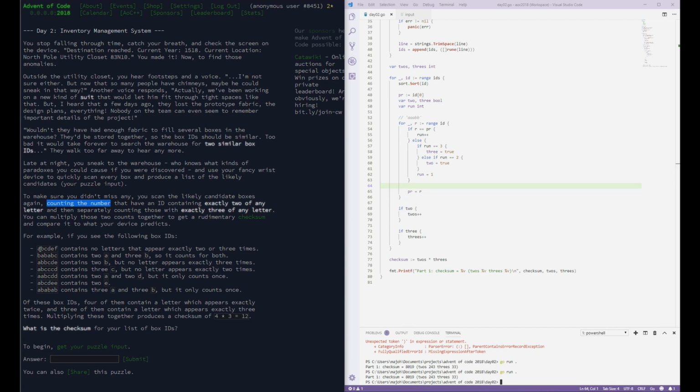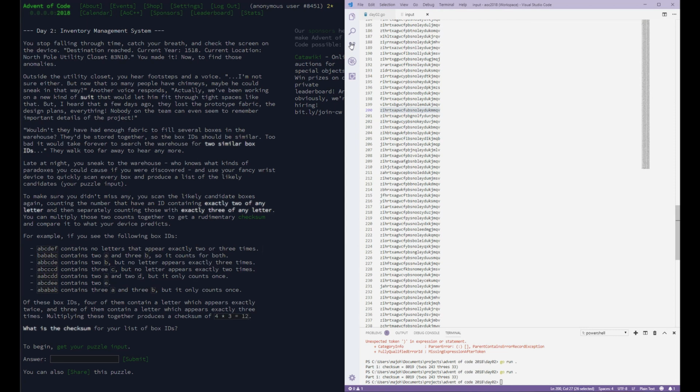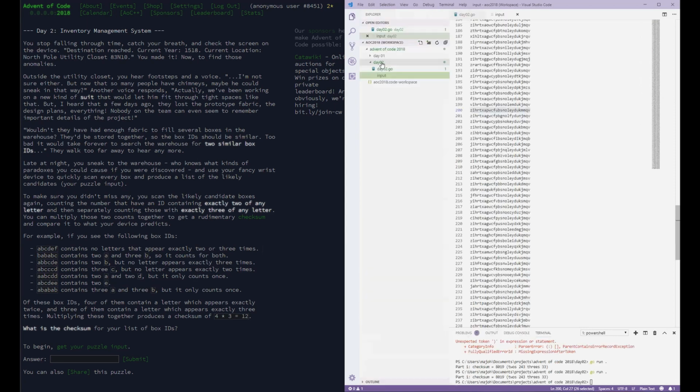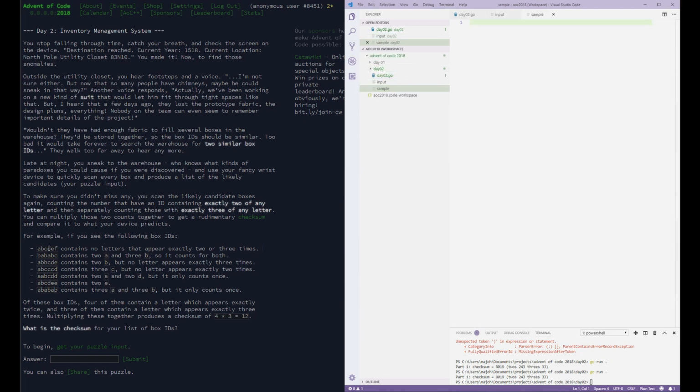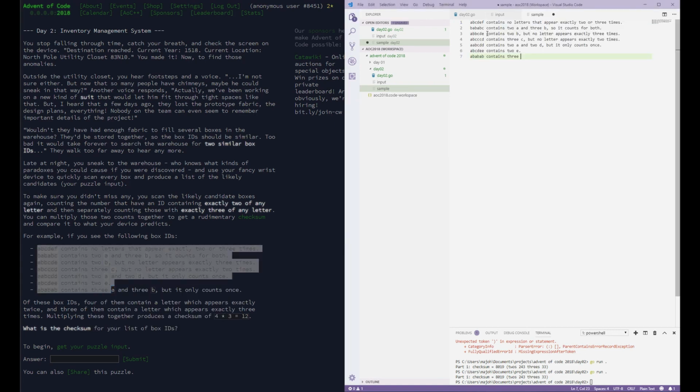Should I try the sample input instead? Let's do a new file here. New file. And then we do the sample input. Copy that. Boom.